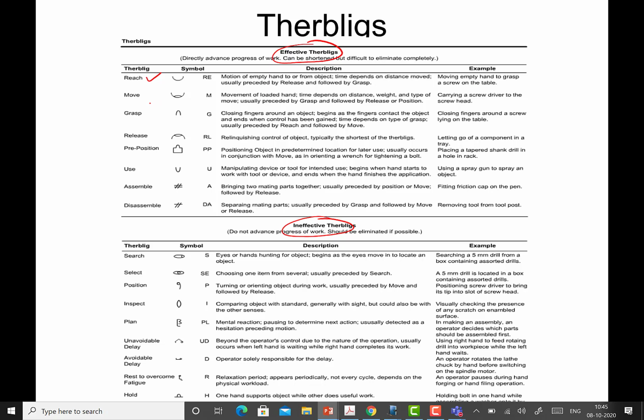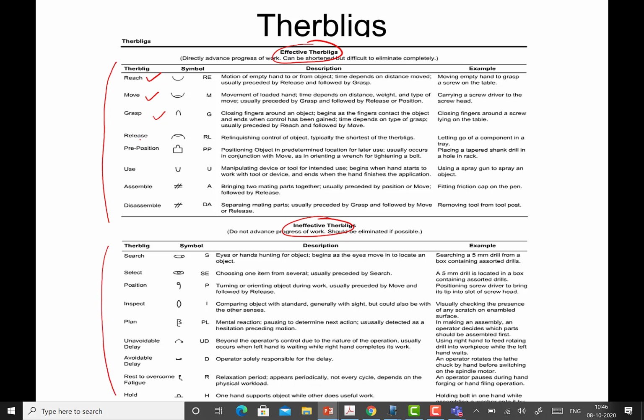Just an example: carrying a screwdriver to the screw head, then the grasp, closing fingers around the screw.